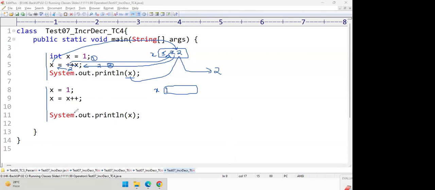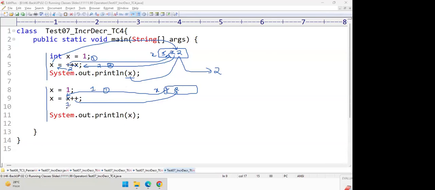What happened first? Read. X is replaced with 1. Is it immediately stored? No. Then plus plus. In the first step, 1 is read and substituted. Plus plus means 1 is replaced with 2.